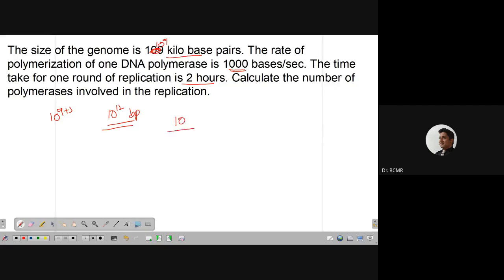So each polymerase would take about 10 to the power 3 per second, right? So that will be about 10 to the power 9 seconds. And then you convert it into hours. I mean, in 2 hours, if it has to be done, how many DNA polymerases should work to do it?